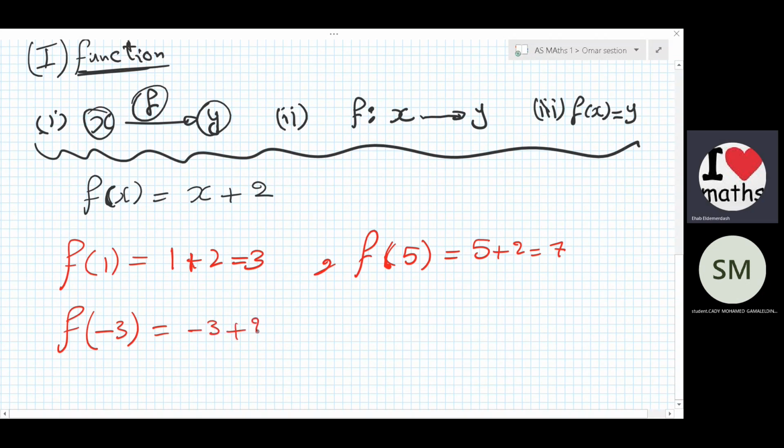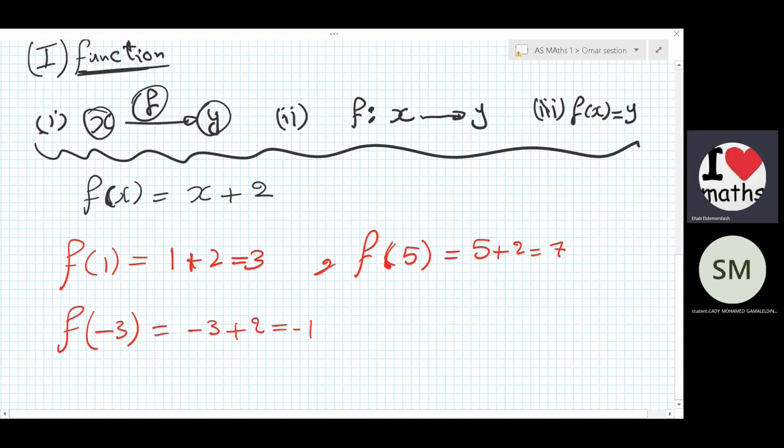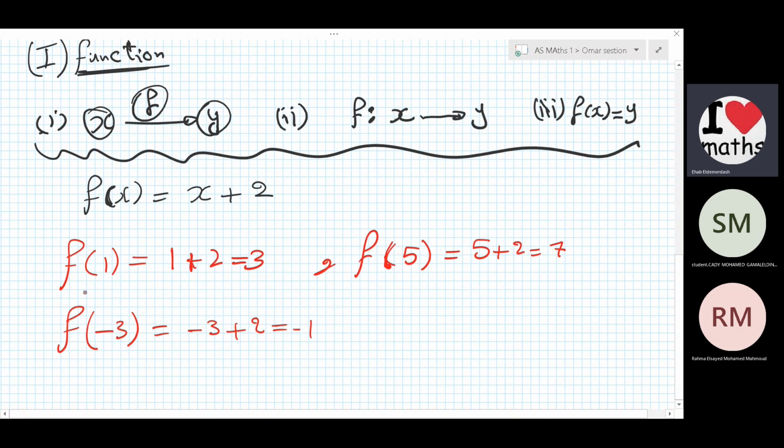Negative 3 plus 2, which is equal to negative 1. So I have f of 1, f of 5, f of negative 3. And if I said f of negative 2, what will be the answer? 0, because negative 2 plus 2 is equal to 0.